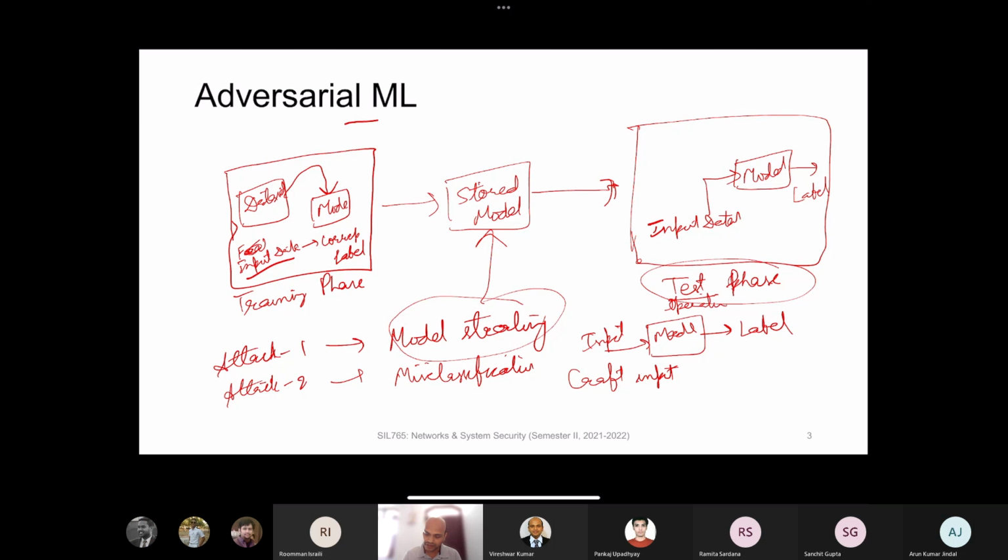So you craft an input so that this model gives you a wrong label. So whatever was the expected label is not seen, but you see something which is not expected. So today what we are going to see is the third attack, which is on the training phase.